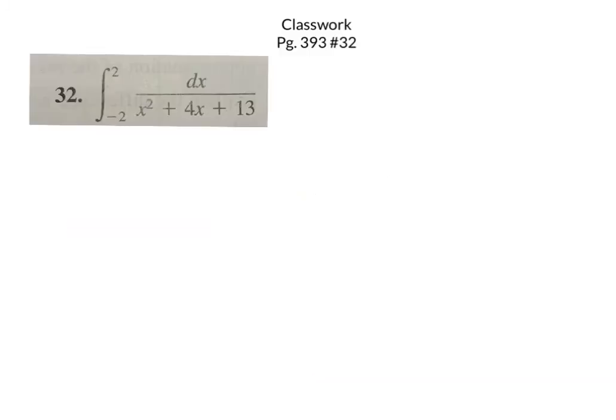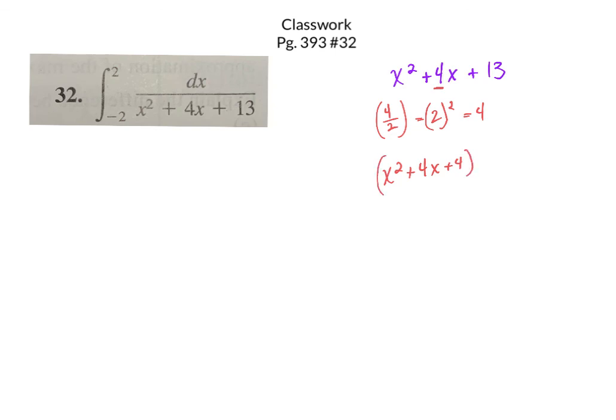So the first thing we're going to do is manipulate our denominator to be a perfect square trinomial. So we're going to take the x squared plus 4x plus 13. We are going to look at the 4. Take the 4, cut it in half. So that gives us 2, and square it, which is what we're going to add to it. So we're going to say x squared plus 4x plus 4. That's my perfect square.